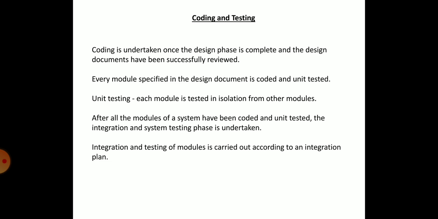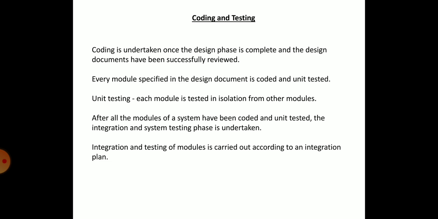The detailed design is usually documented in the form of module specifications, where the data structures as well as the algorithms for each module will be specified. So during the coding phase, different modules identified in the design document are coded according to their corresponding module specifications.